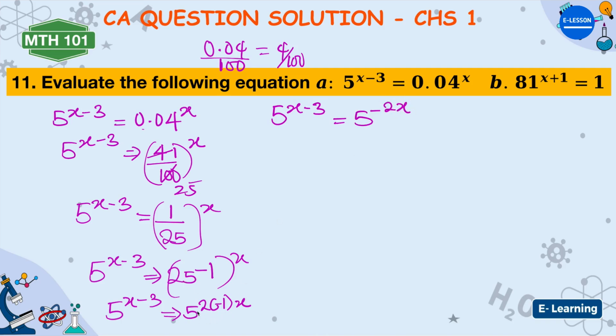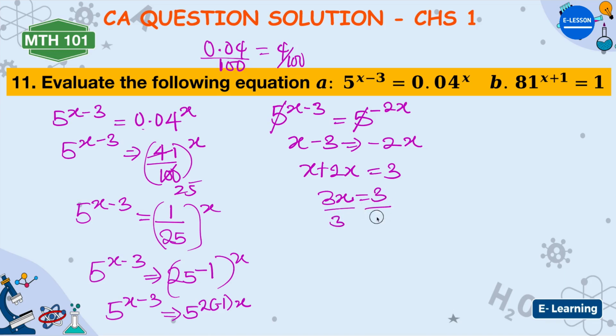Because 25 can also be written as 5 squared, we have 5 to the power of x minus 3 equals 5 to the power of minus 2x. When the bases cancel, x minus 3 equals minus 2x. Moving terms, x plus 2x equals 3, so 3x equals 3. Divide both sides by 3, and x equals 1.